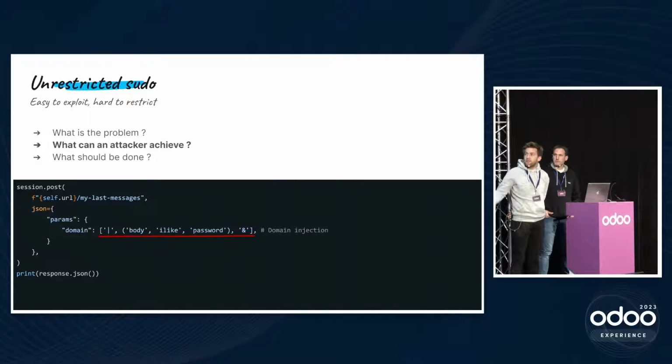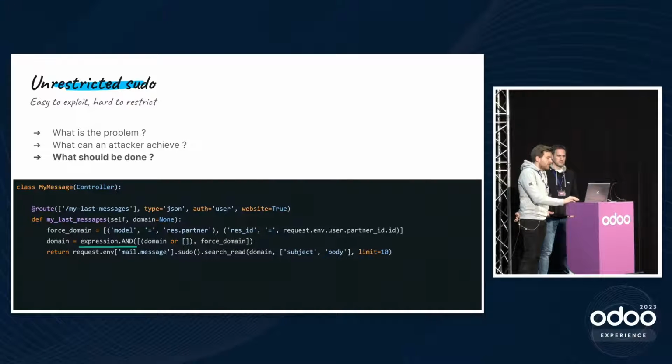So you could call the controller, start the domain with an OR, and then look for all messages containing password. And it would be all messages, not only yours, really all messages of the database. This is really an example of how tricky sudo can be, how damaging, and really tricky to review.